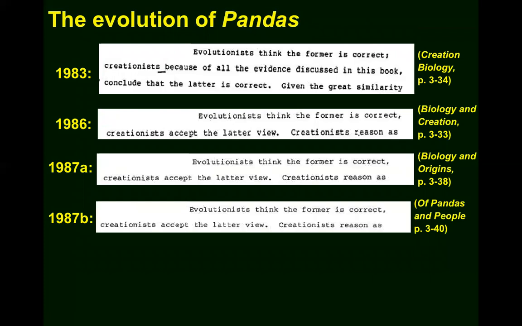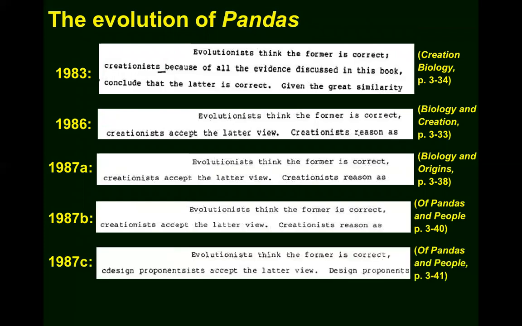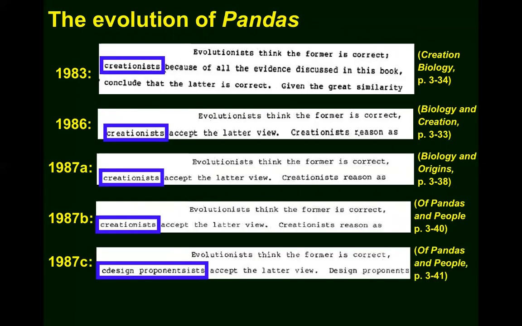Here's one more piece of evidence. We actually didn't use this in court because it was just too much. But if you look at these words, creationists, creationists, creationists, throughout the drafts, and then in 1987, there was "cdesign proponentsists," right? So clearly the creationists were going through their textbook, replacing the word creationists with design proponents, but here they did an incomplete paste operation.